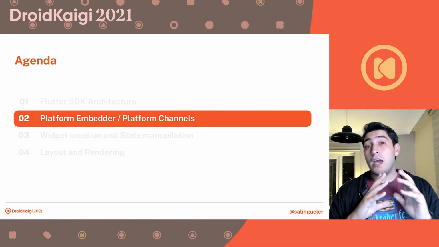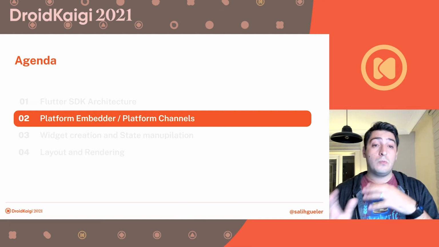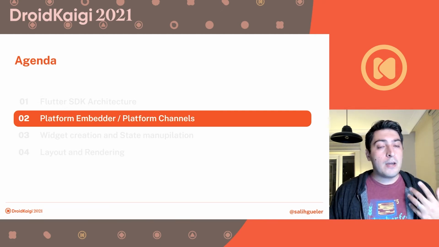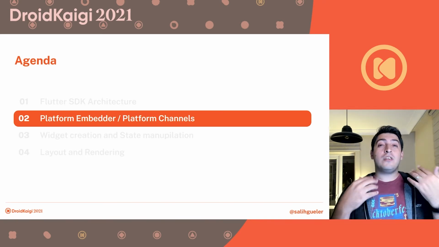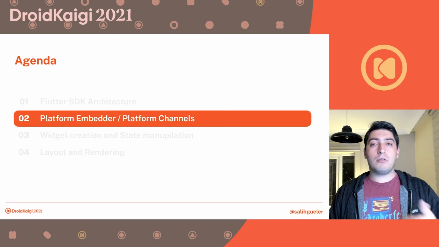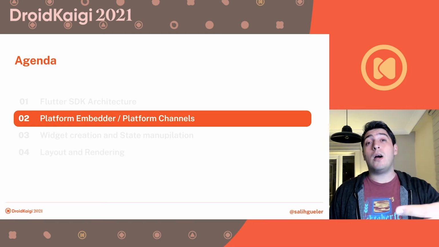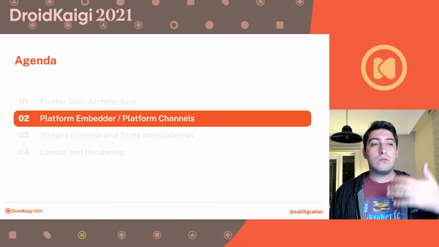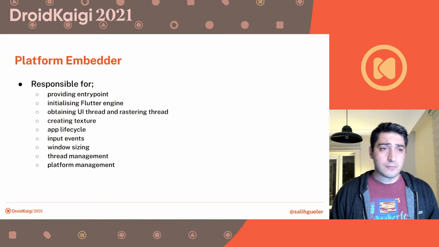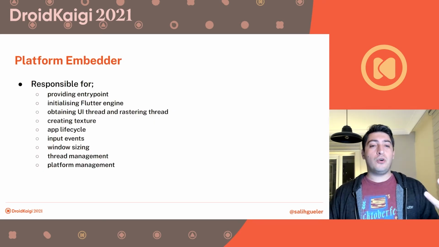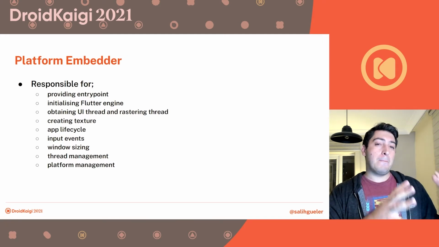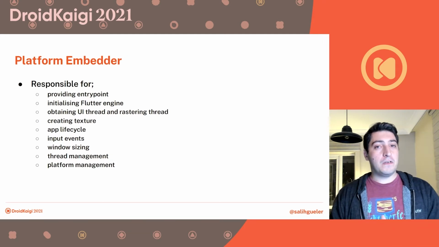For example, if you want to have camera or web view or whatever it is, like in-app payments and Apple authentication and so on, these are requiring some extra attention from the platform, and these are requiring the platform views and platform embedders. First of all, platform embedder, when you see embedder, you can think of what an embedder is.